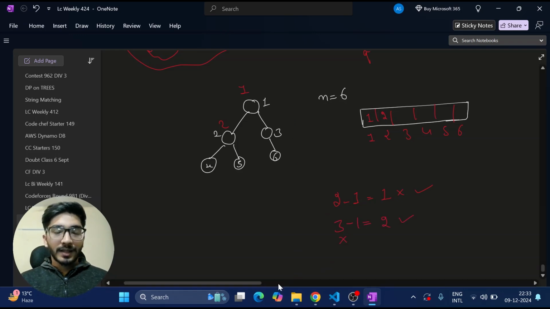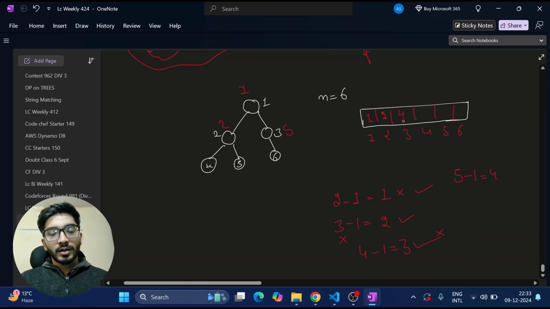Can we assign 4? 4 minus 1 gives us 3, that's also a prime number, so we cannot assign 4 to node number 3. Can we assign 5? Yes, because 5 minus 1 gives us 4, which is not a prime number.